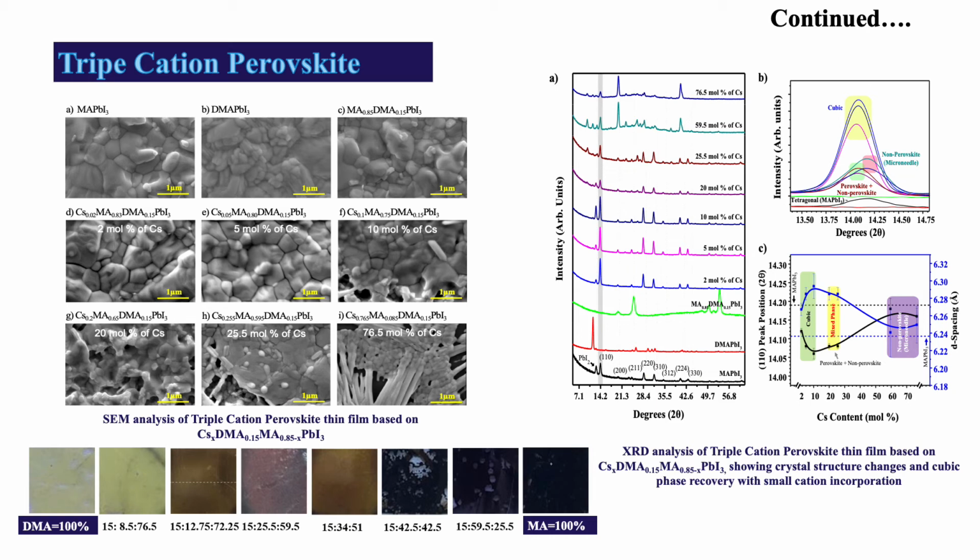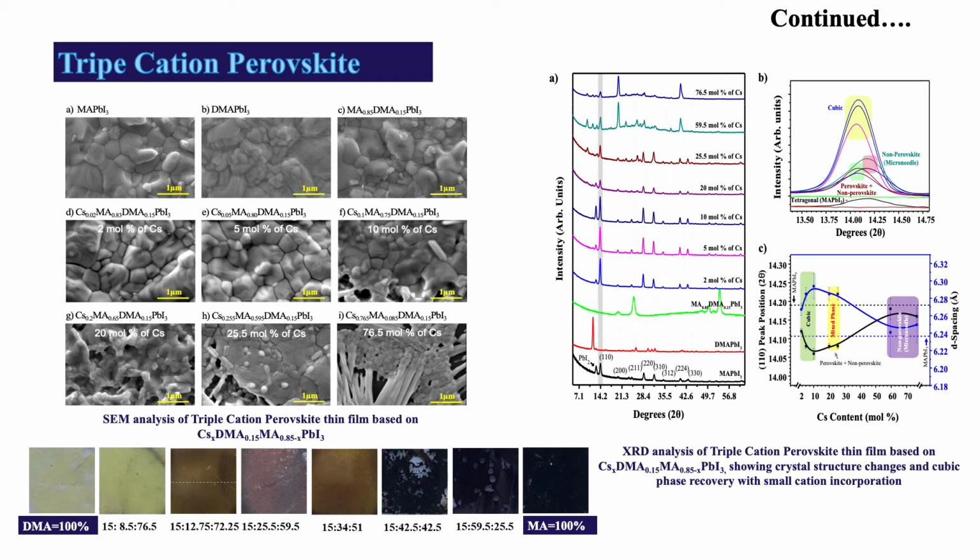So from the XRD result, we analyze that this concentration up to 10%, 15%, and 7.5%, up to this, these are the optimum concentrations of the triple cation perovskite, which give us the cubic structure.